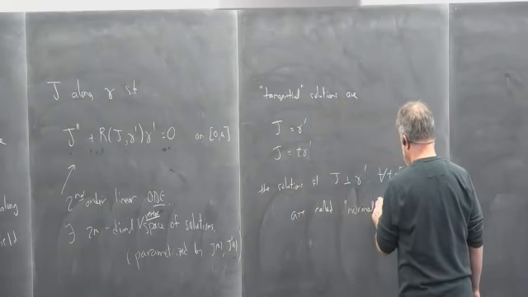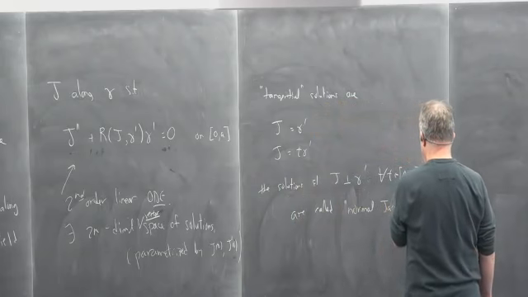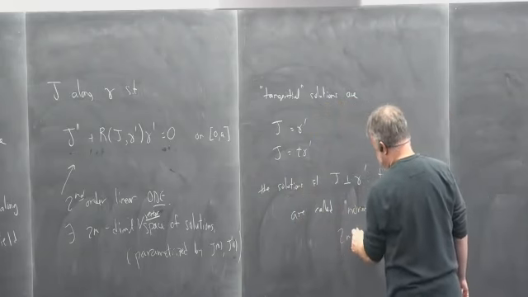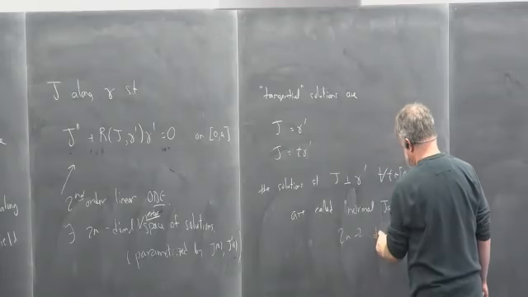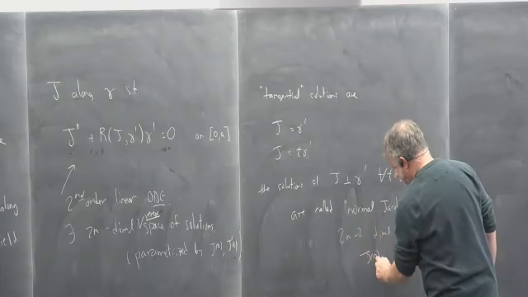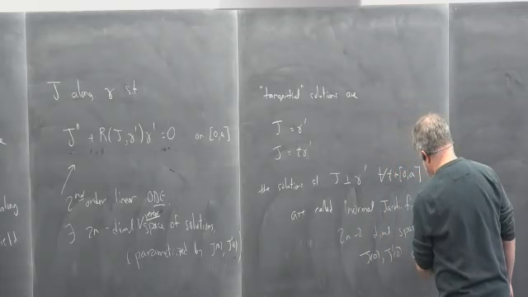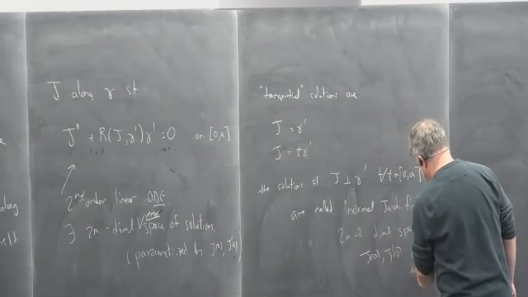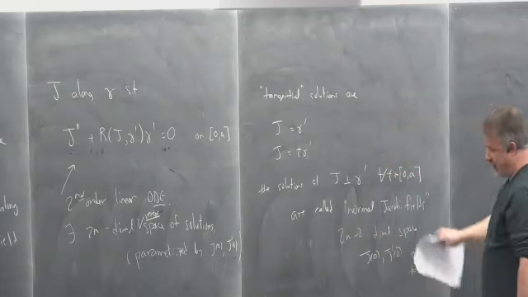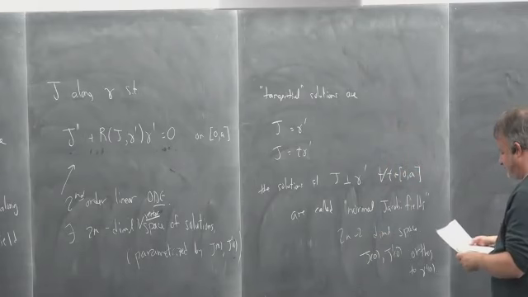And these are the ones we're really interested in. This is a 2n minus 2 dimensional space, and this corresponds to taking J of 0 and J prime of 0 orthogonal to gamma prime of 0. In fact, I'll review some of this near the end of this section.